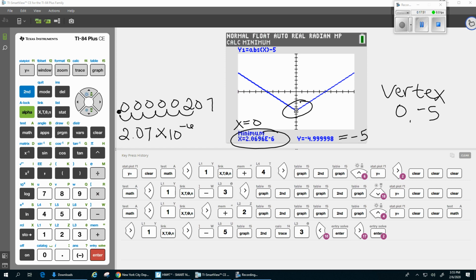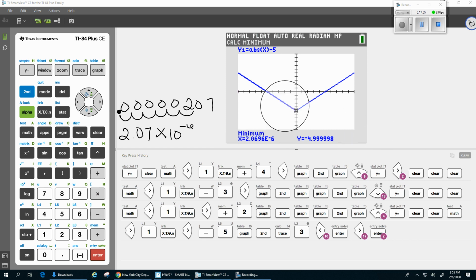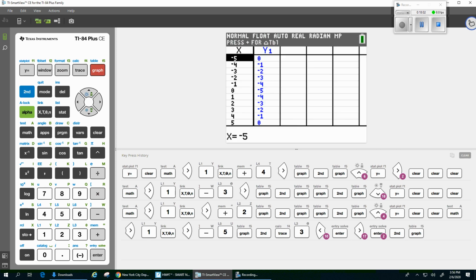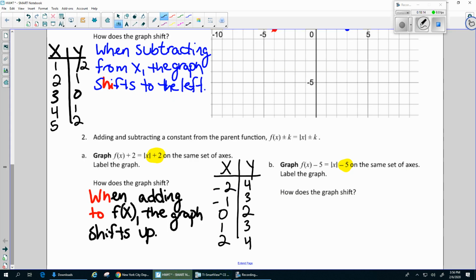So I'm going to hang on to that, and then I can look at my table to build my other points. So I'm going to hit second table, and I'm going to find the value x equals 0, y equals -5, and I'm going to center my table around that vertex. So I will record my table on my paper.